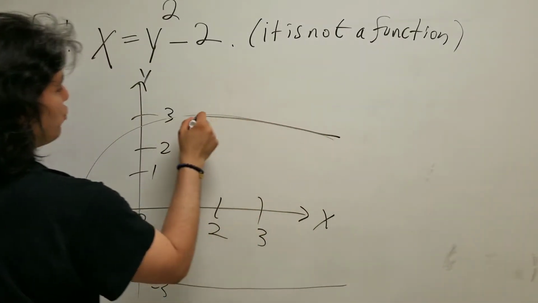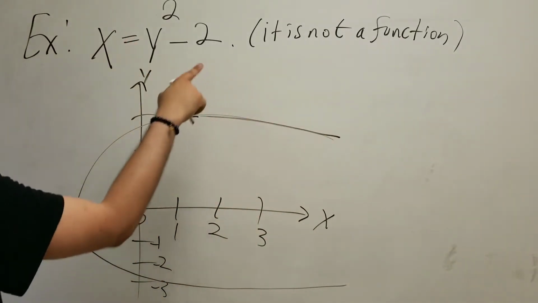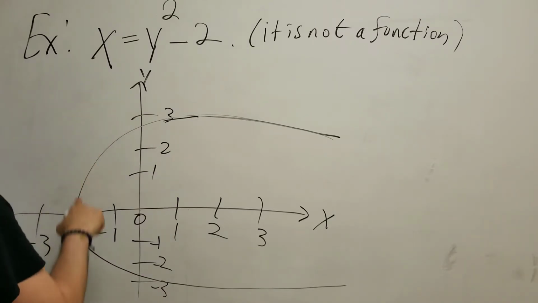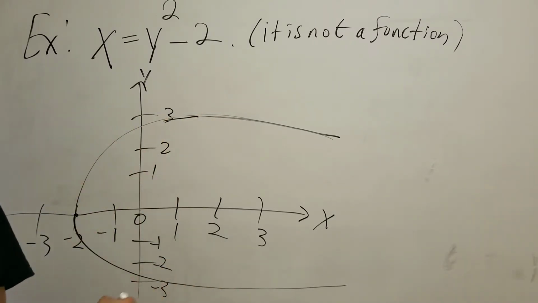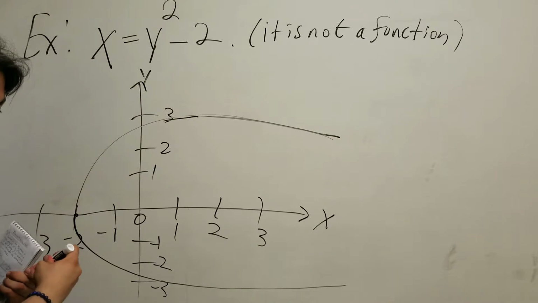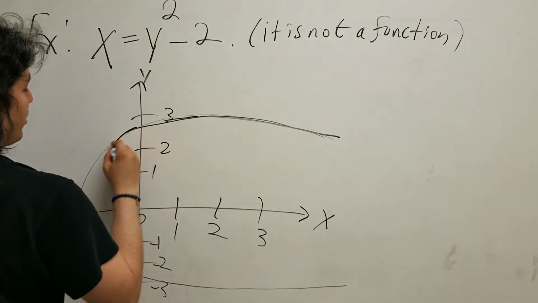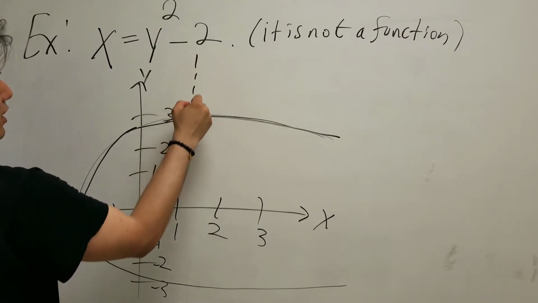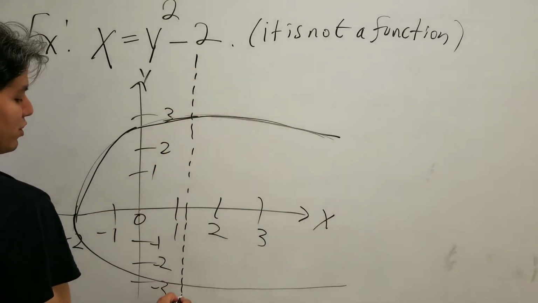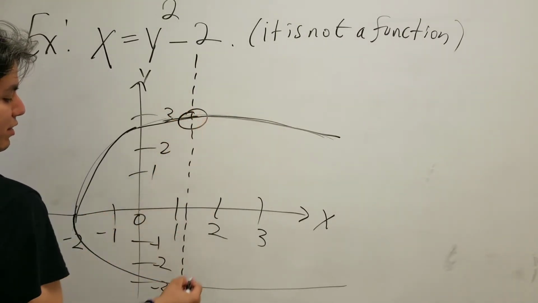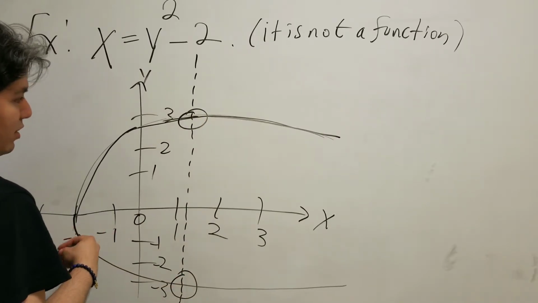Parabolas normally are shooting up on the x-axis like this, but since it's on the y-axis, it's shooting out to the side. And as you can see, when I take a vertical line, hold on, let me just darken this. Okay, as I take a vertical line, it hits this function more than once, right here and down here.